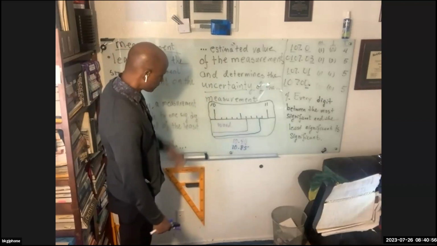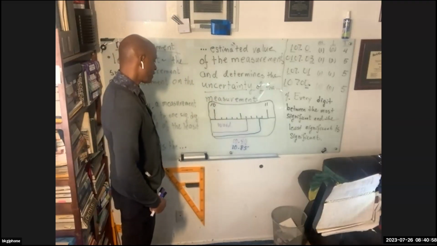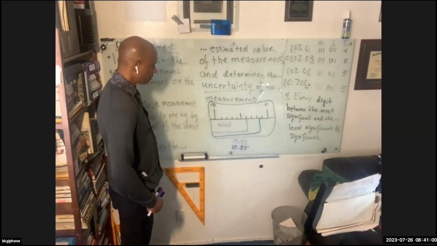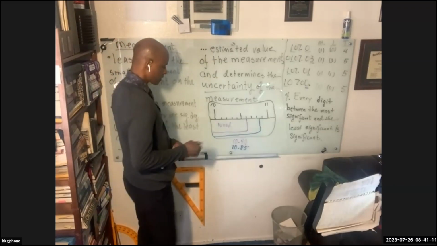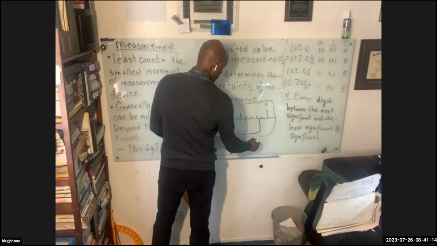All right. So in that case, still the total number of significant digits is 4, with 1 being the most significant and 5/10 of a centimeter being the least significant. Let's put the units on there.